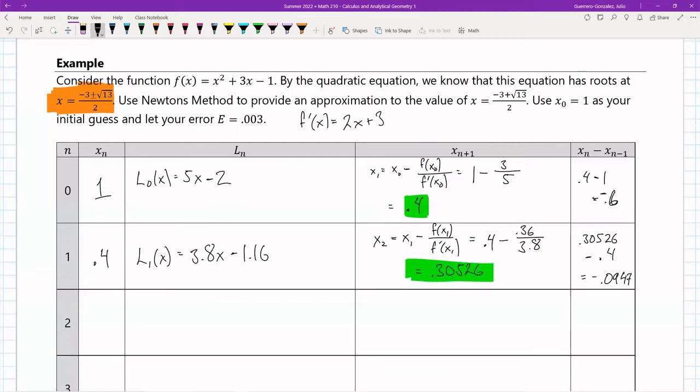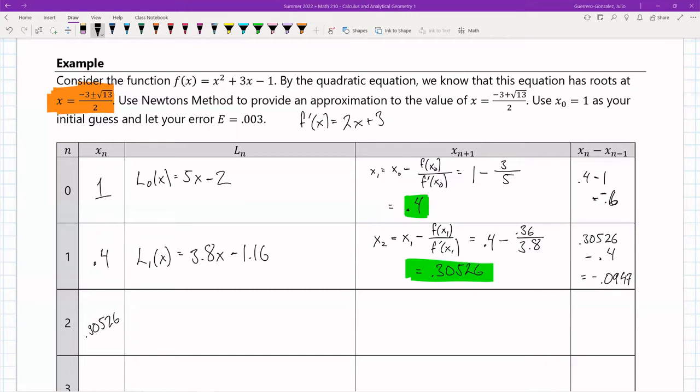So x2 is going to be 0.30526. Give me a second. I'm actually doing this on a calculator, which I'm about to show you guys how to use right now. And I hope you guys use it in doing your own quick checks and your own homework.